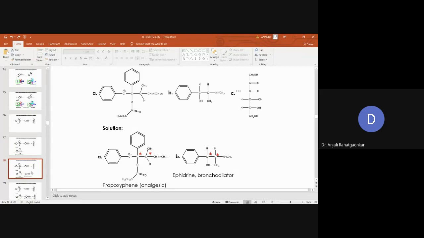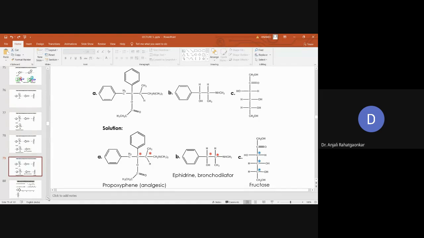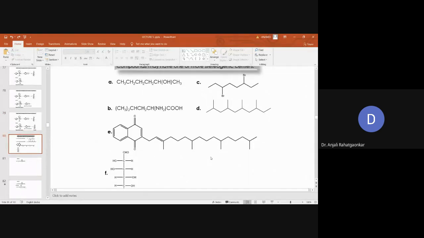The second one is again, there are two carbon atoms which are chiral centers. And what is the third one? That is a fructose. So these three are the chiral carbon centers. All right. Okay. Now these are the five examples.